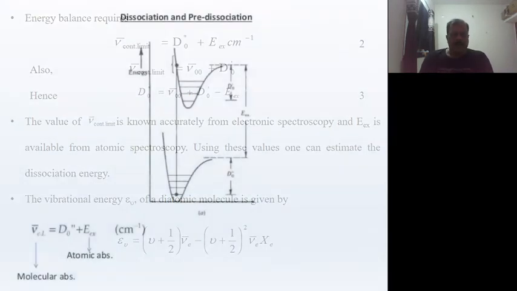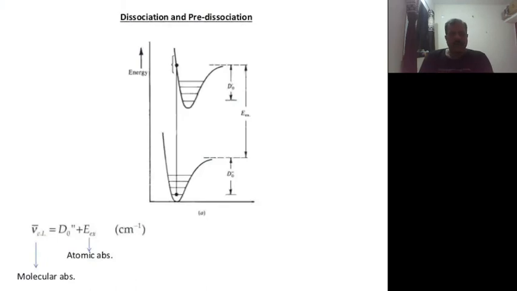This figure 1 shows the dissociation energy. The D0 is the ground state energy and D0 double prime is the excited state energy. The difference between these two energies is EX, the excitation energy. The formula is nu bar is equal to D double prime 0 plus EX.